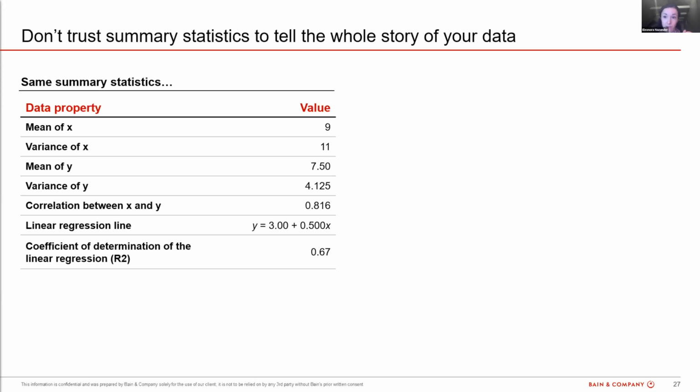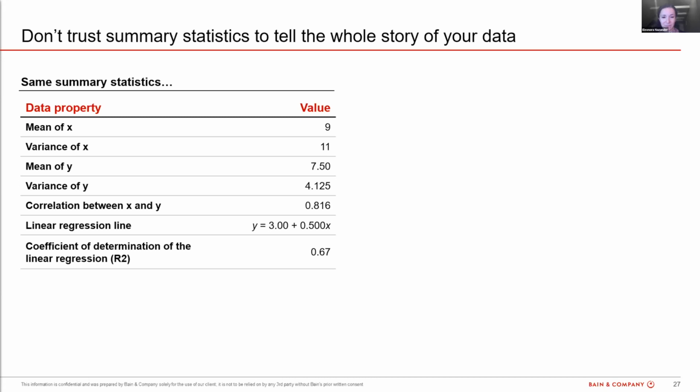We have an X variable and a Y variable, and there is a strong correlation between them, 0.8. Someone has drawn a linear regression line and R squared is strong. So we could jump to a quick conclusion that these two variables have a strong linear association between them.